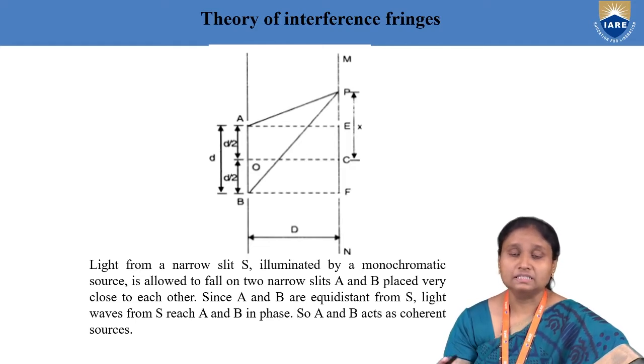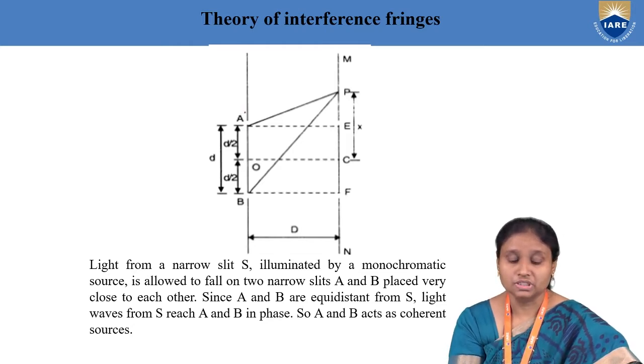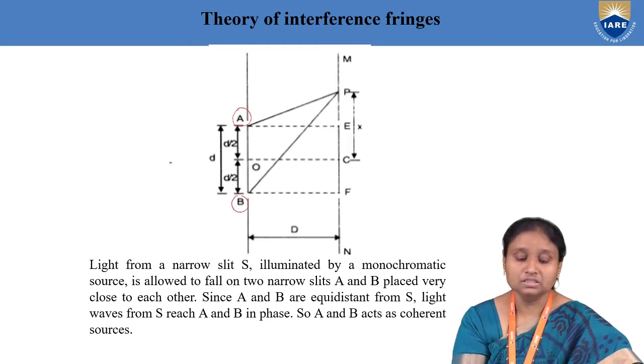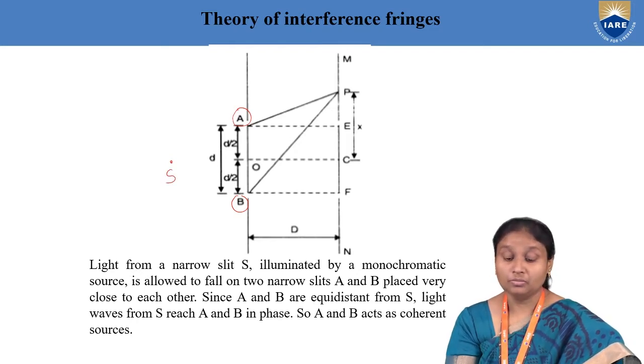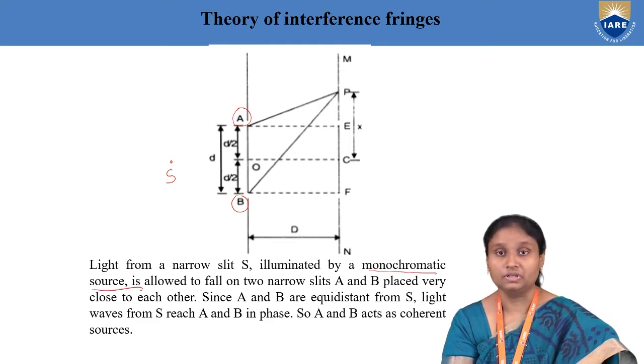Here we have taken our two virtual coherent sources, and we are representing them by A and B. First we will take one single source of light, and it should be a monochromatic source where we are maintaining a single wavelength.